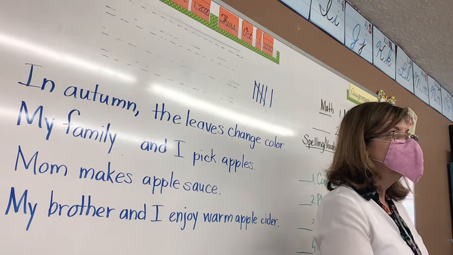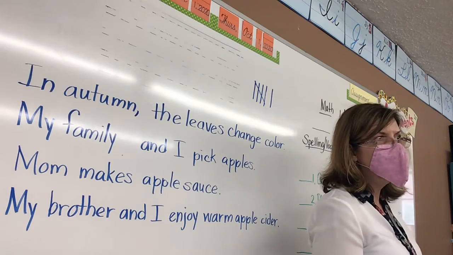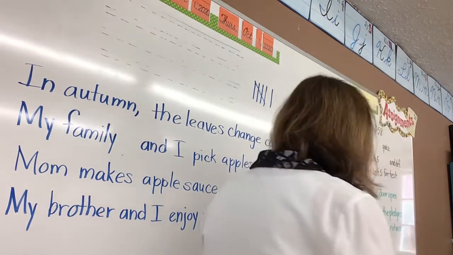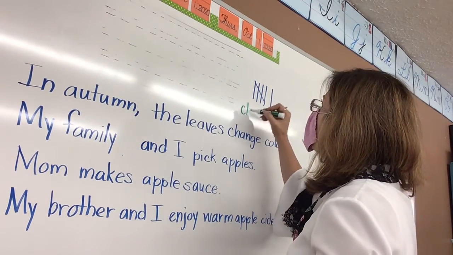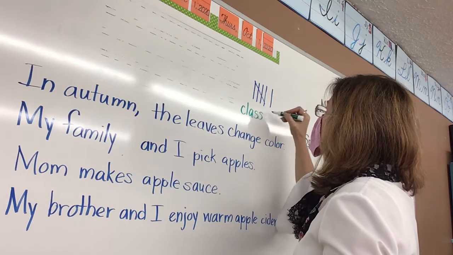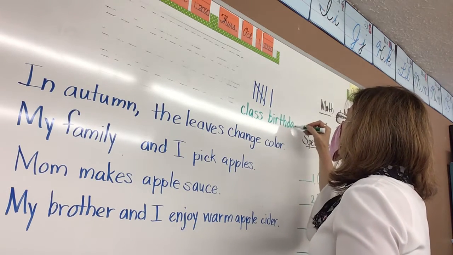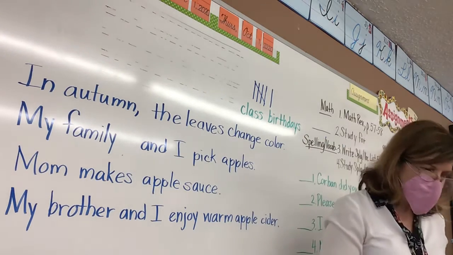The number of birthdays. All right, the birthdays of who? People. People where? What people? In our classes. Class birthdays. So that's what you're gonna say. You're gonna say class birthdays. So what we were collecting was class birthdays. That's the data we were collecting. Class birthdays.